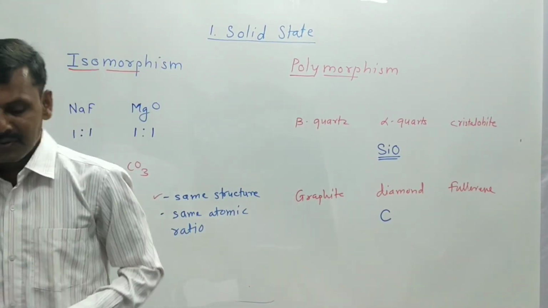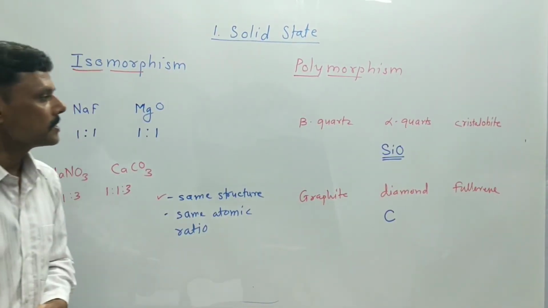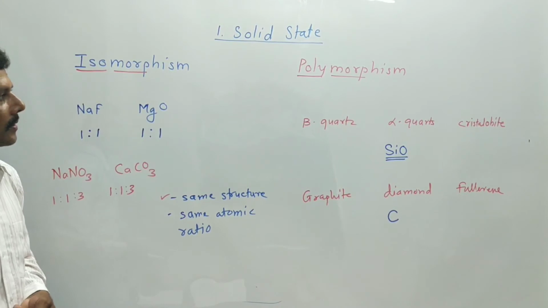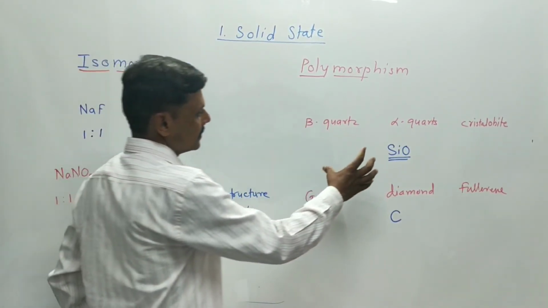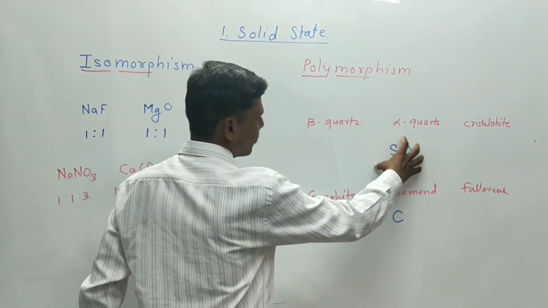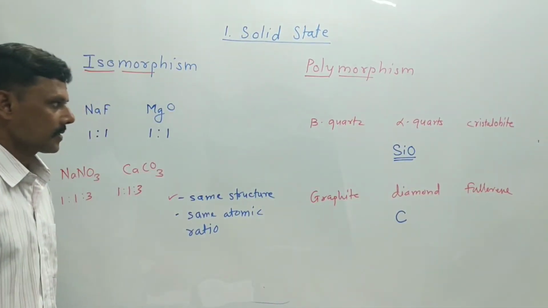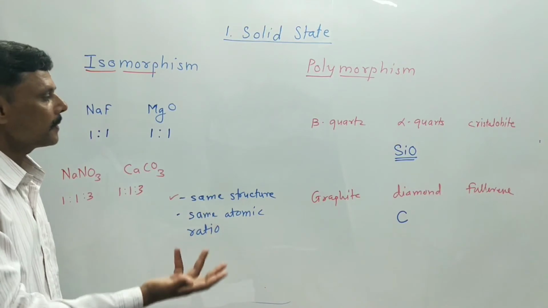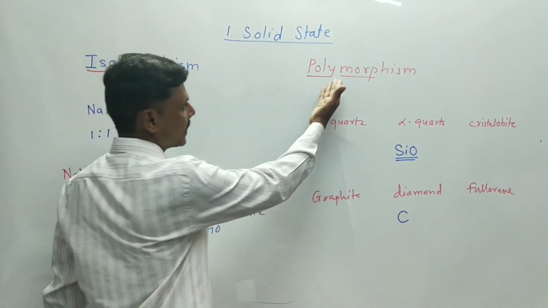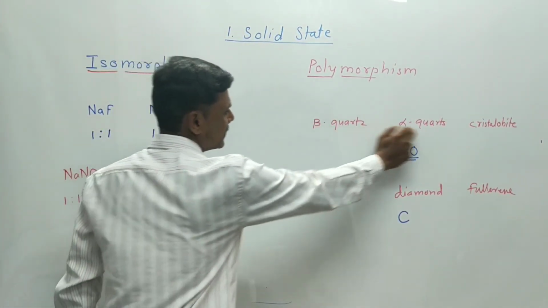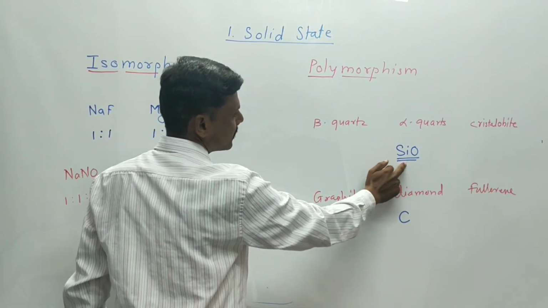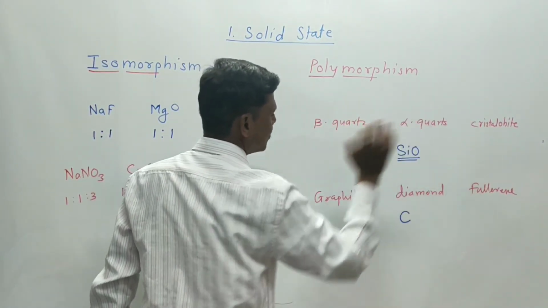Now, in case of polymorphism phenomenon, here same compound have different structure. Same compound have different structure. That's why they are called as polymorphs. So in this example, compound is same, but forms are different.